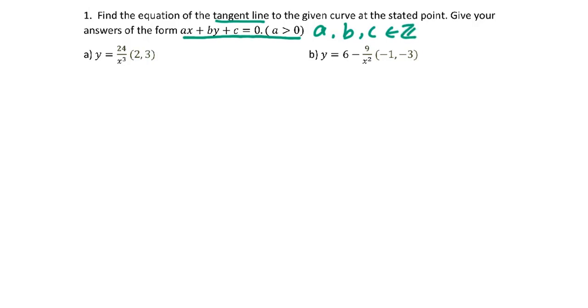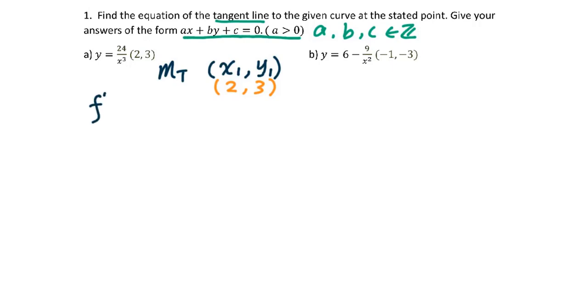For a, we know the equation of a tangent line needs two things. One is the slope of the tangent line. The other is x1, y1. We know x1, y1 is given. That is 2, 3.